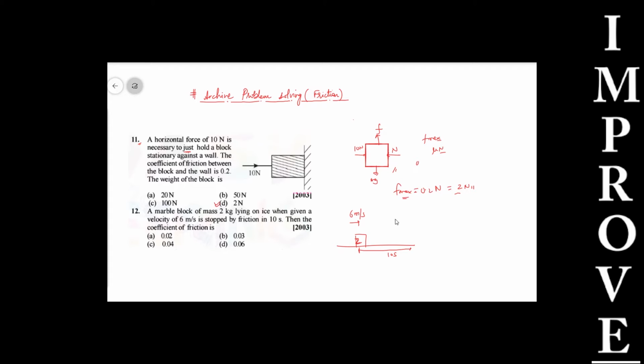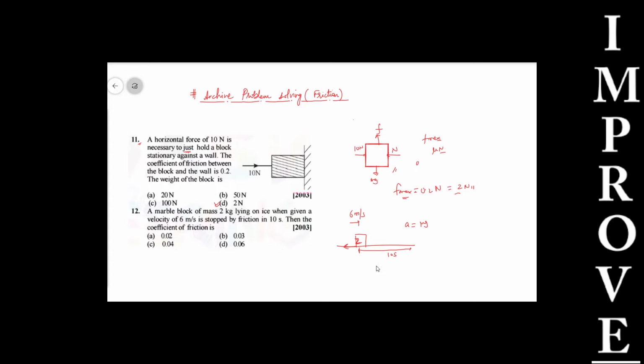So this guy given a velocity of 6 meters per second stops after 10 seconds. Then the coefficient of friction is, so obviously that acceleration is going to be maximum acceleration because the sliding is there, and that maximum acceleration is coming from the maximum friction and it's acting backwards. So this a is equal to nu into g, so it's actually retardation. Time is given as 10 seconds, so final velocity is 0, initial velocity is 6, and the body stops after 10 seconds.